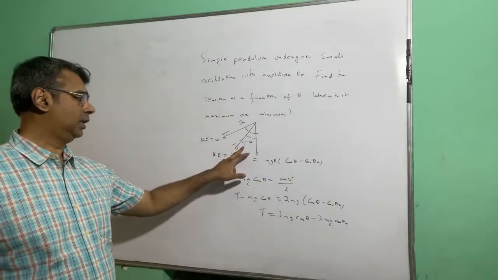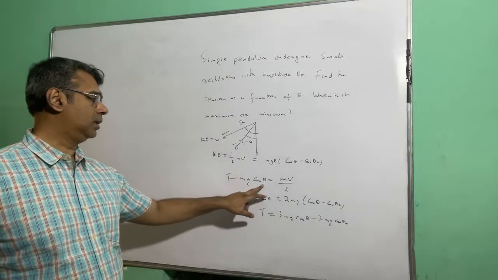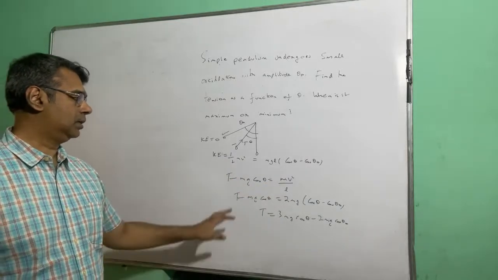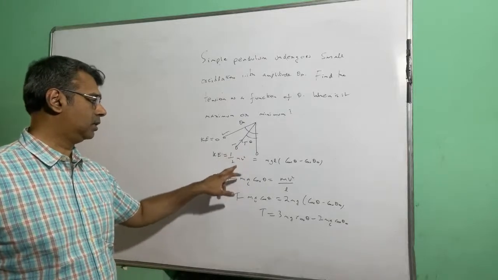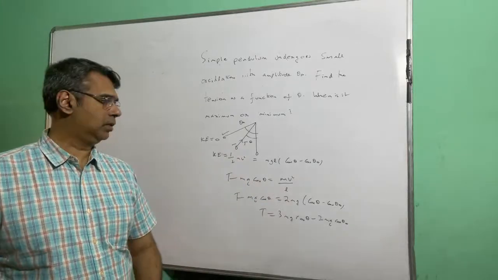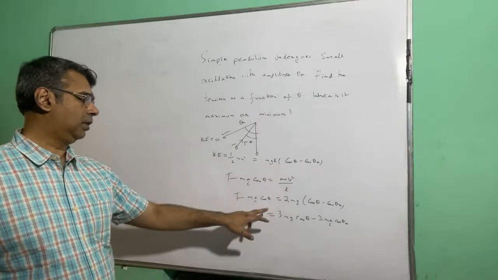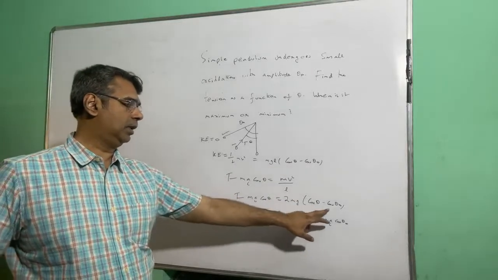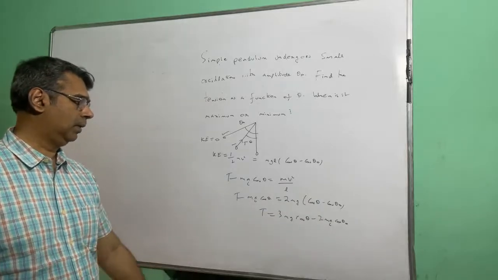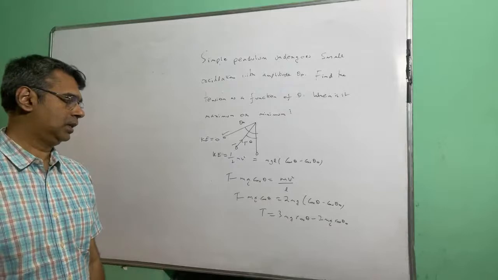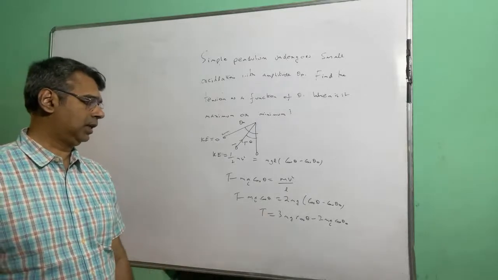Now the tension in the string is T, so T minus mg cos theta is the centripetal force mv square by L. In this mv square you can replace from here. So T minus mg cos theta is 2mg into cos theta minus cos theta 0, and T is 3mg cos theta minus 2mg cos theta 0. This is the answer for tension.